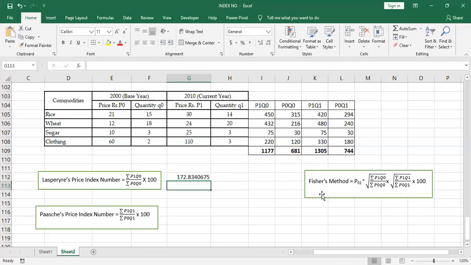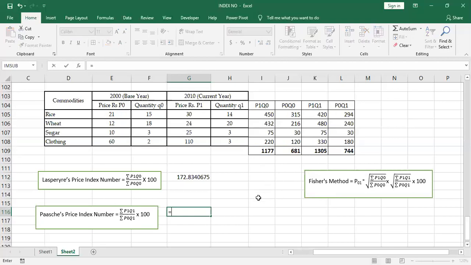We get 172. Next, P1 Q1 is 1305 divided by P naught Q1 744, into 100. We'll be getting 175.